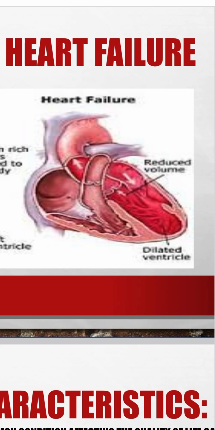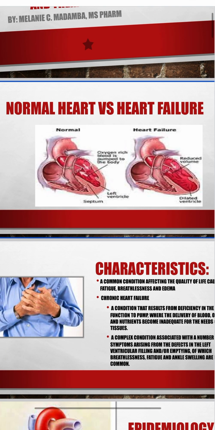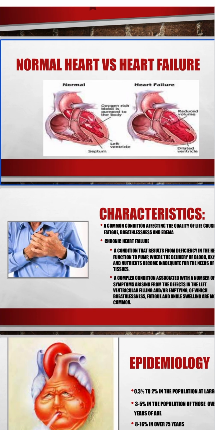This is because of a dilated ventricle, which holds a portion of the blood that is supposed to go out towards the body. And as you can see, there is also a significant reduction in the thickness of the septum, or the heart wall. So in general, that's how we characterize a normal heart and a failing heart.